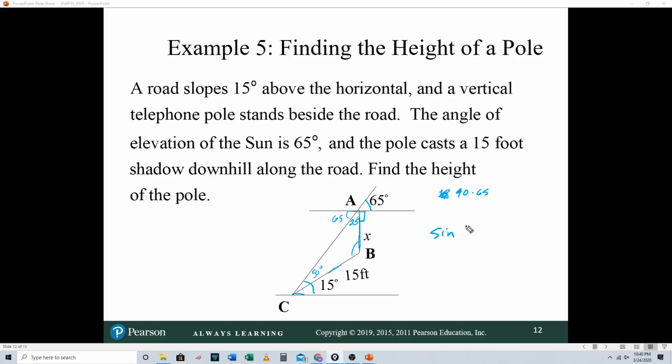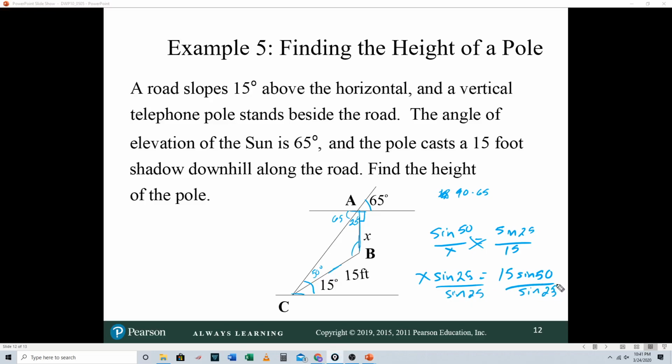So sine of 50 is opposite x and is equal to sine of 25, which is opposite 15. Okay, so cross multiply. x sine of 25 is equal to 15 sine of 50. Divide by sine of 25.